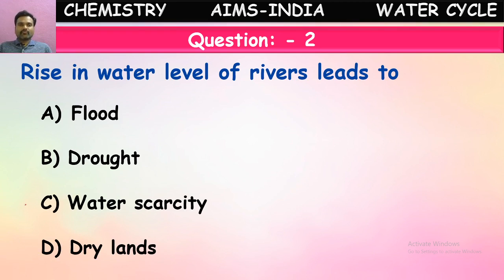If water overflows from the rivers and ponds, it causes, yes, floods. Floods will occur when the water level rises in the rivers and ponds. The water will come out from those water bodies and submerge all the surroundings. That causes flood. Good. Next one.